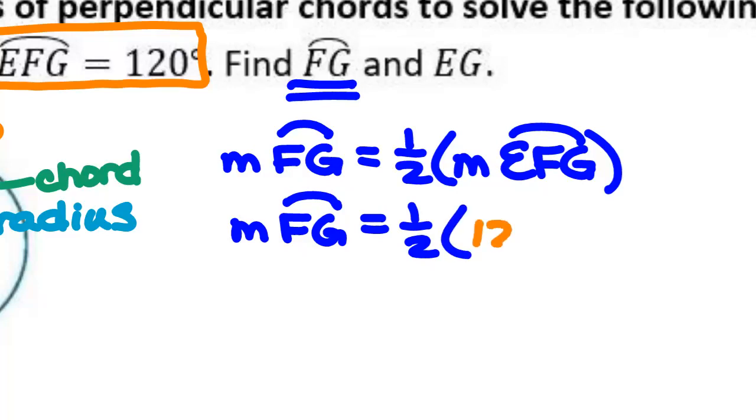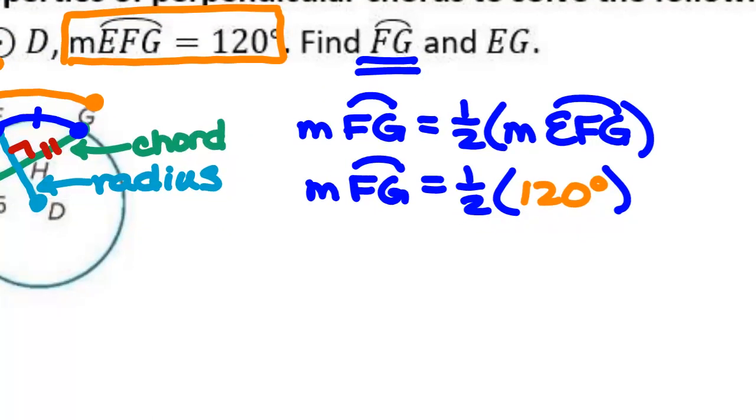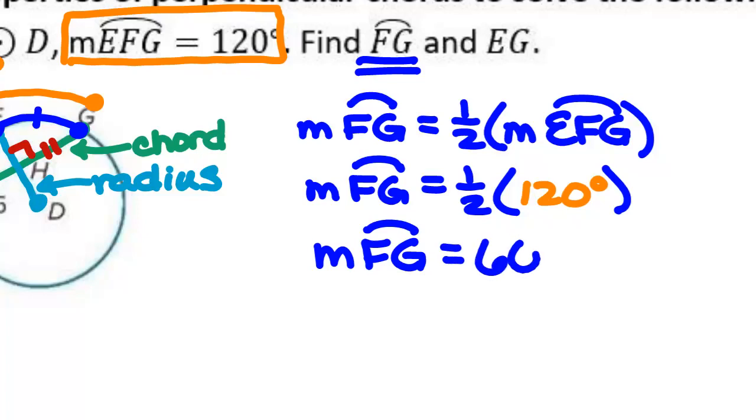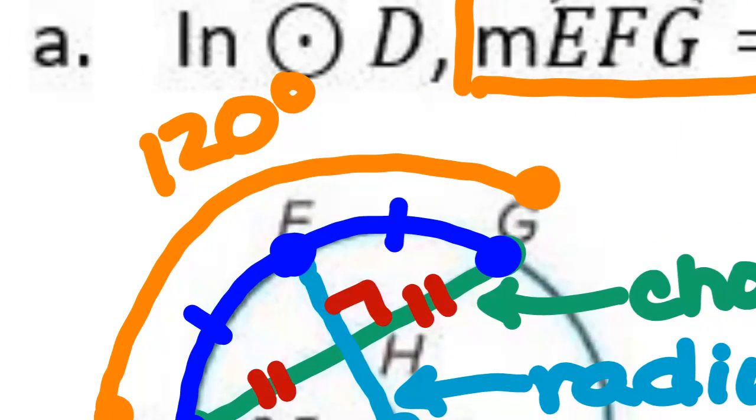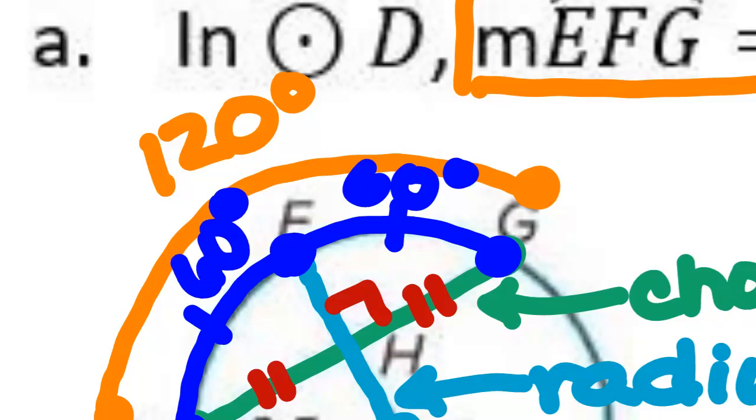What is half of 120 degrees? 60. So arc FG is 60 degrees. So this little guy would be 60 over here, and this one would also be 60.